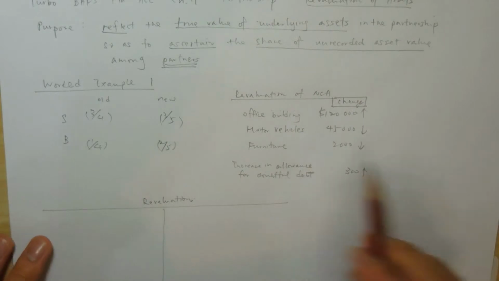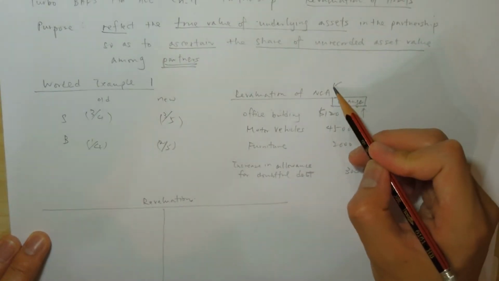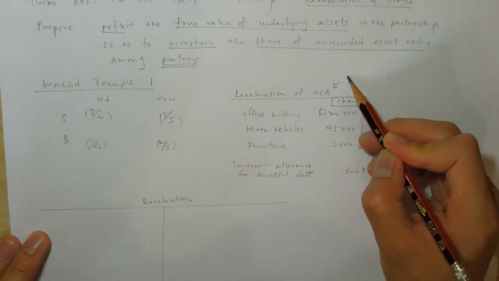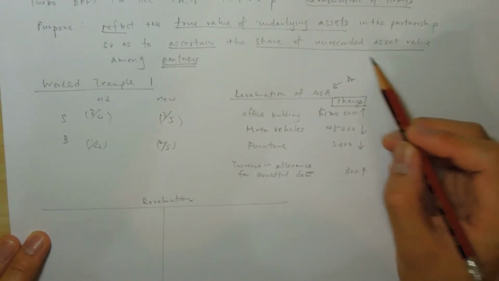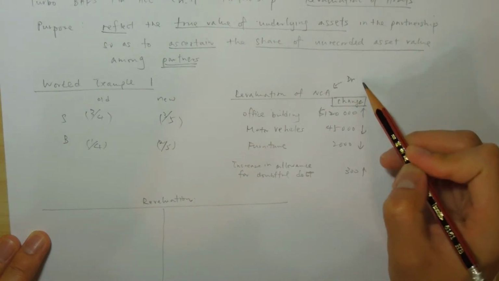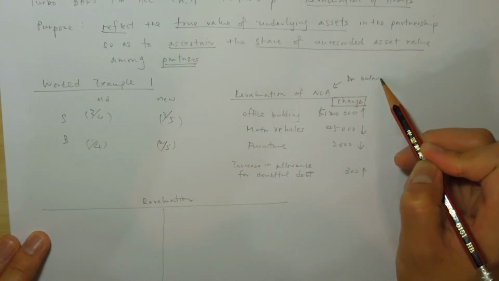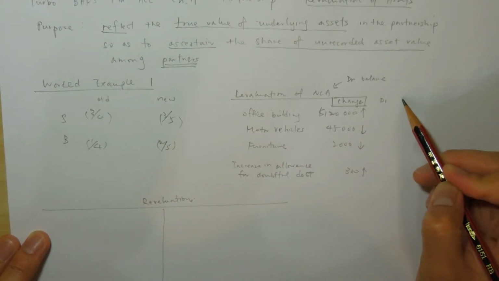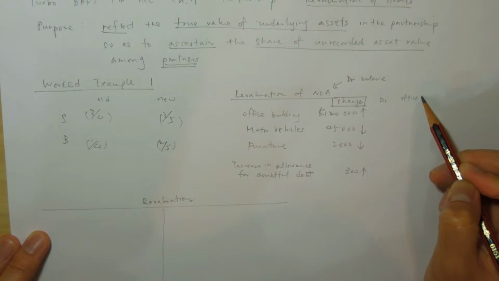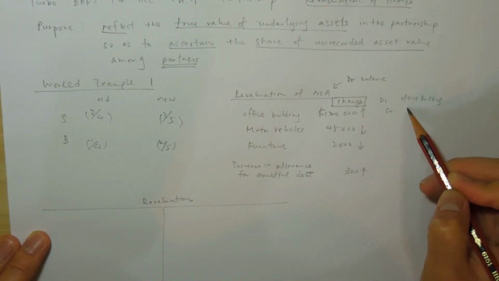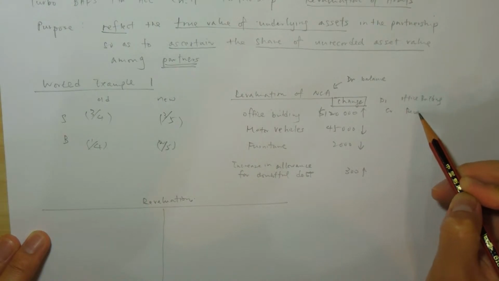And then because for the non-current asset, the normal balance is debit, therefore if it increases, we debit the office building and then credit the revaluation account.